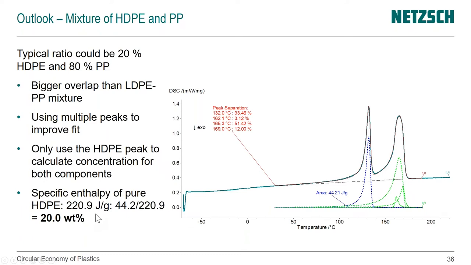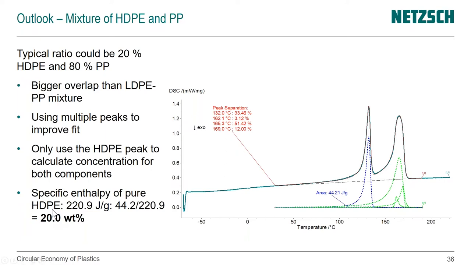In this case, we knew the specific enthalpy of the pure HDPE was 220.9 joule per gram. And we know the area of our compound curve, and so we get 20 weight%, which is a really good agreement. And obviously, you might not ever get it that great in real life if you're not preparing mixtures, but it's a really good agreement.